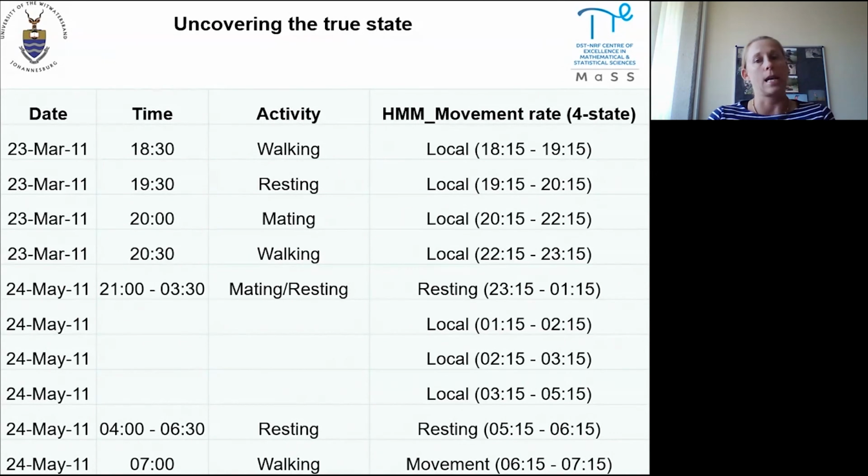So with this particular data set, the main two things that we wanted to look at were, were we able to fit a model statistically using the irregular data, which we were. We were able to fit the model, but in terms of the interpretations of the states, we need to do a bit of work on that.